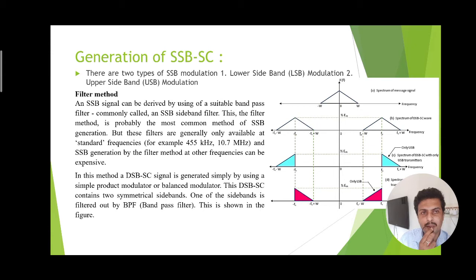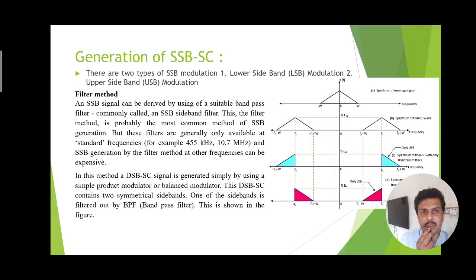Therefore the DSB-SC could be produced which has a bandwidth of 2W, and here upper sideband and lower sideband both are present. So after the generation of DSB-SC, if it is passed through a filter which can filter out one of the sidebands, then SSB-SC could be generated.